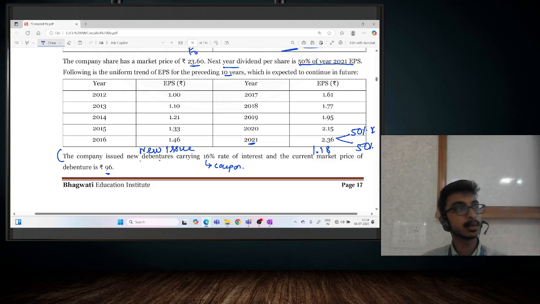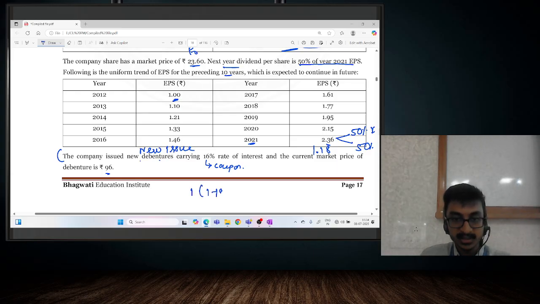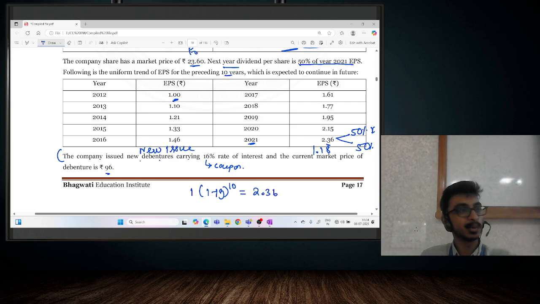How can you calculate growth rate? 10 years before, yes, actually here it is very easy to calculate growth rate, but if you want to use the formula, 10 years before EPS was 1 rupee. After 10 years it has increased to 2.36. So you can take 1 into 1 plus g the whole power 10 is equal to 2.36. But don't do it, listen.